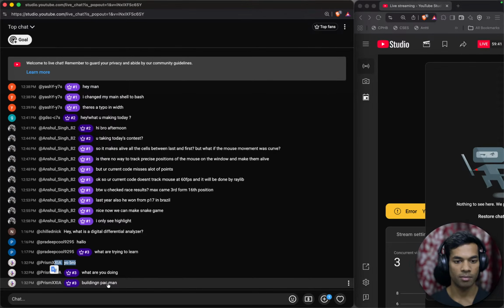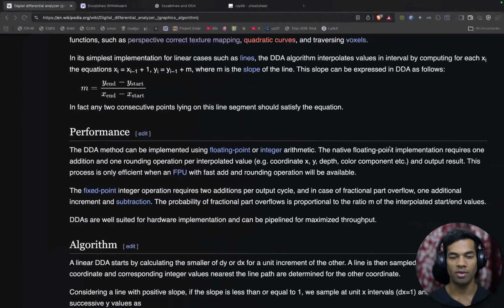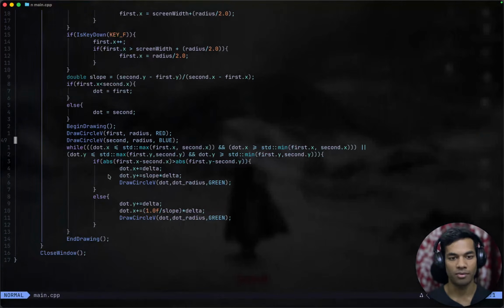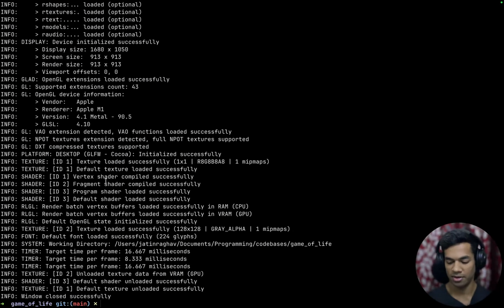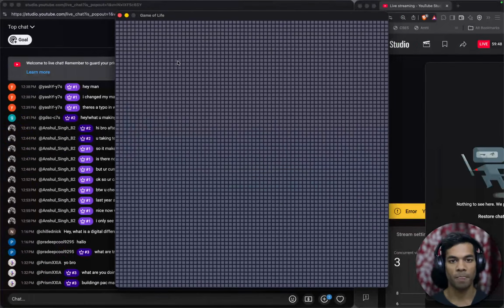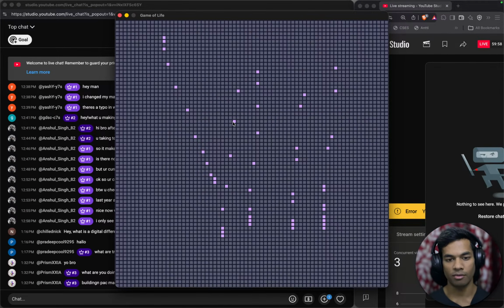Hello, building Pac-Man. No, we are not building Pac-Man. We are building Game of Life, and we are trying to solve this problem: when I move the mouse too quickly, I get the location of the cursor at an earlier point, and then the location of the cursor later on. But this whole distance, I don't get anything in this whole distance, and that is not very good.